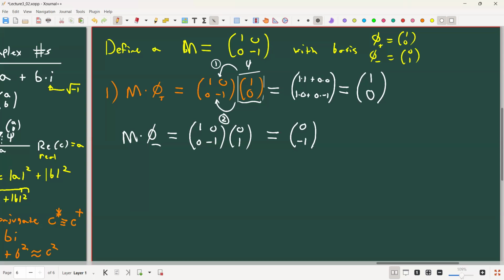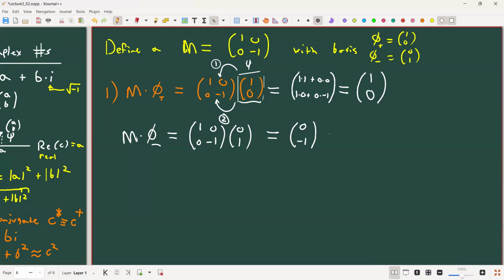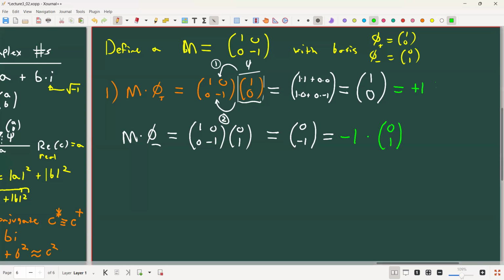But remember, one of the operations that we can do with vectors, we can factor out a scalar. And there's a really easy scalar we can factor out, which is -1. So really what we can do is write this as our original vector times -1. And consequently, we can do a very trivial thing and say that this is 1 times the original vector. Right.